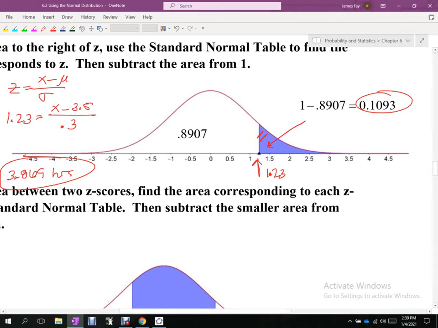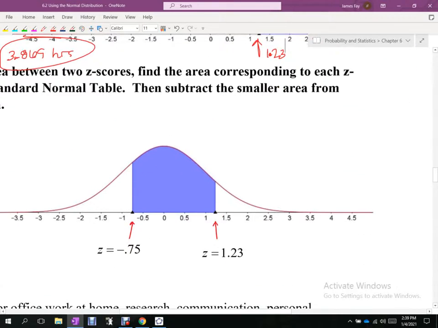So we can find a left tail and a right tail, but what if we want to find the in-between? Okay, so we'll find that blue area. We've got these two z-scores of negative 0.75 and 1.23. I'm just using the information that we already have from the previous problem.